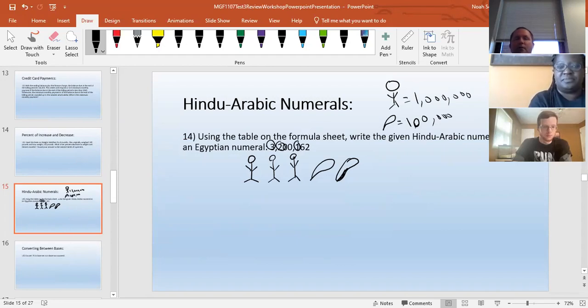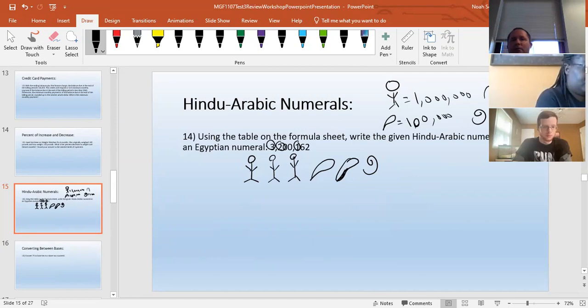Now we go to the hundreds. I know the hundreds was the pointing finger, I believe. Yeah, actually the hundreds is the spiral. So the spiral is the hundreds place. So these spirals represent 100, and there's one 100 right here, so you need one spiral. And then there's 6 tens, and the tens place is represented by the heel bone.